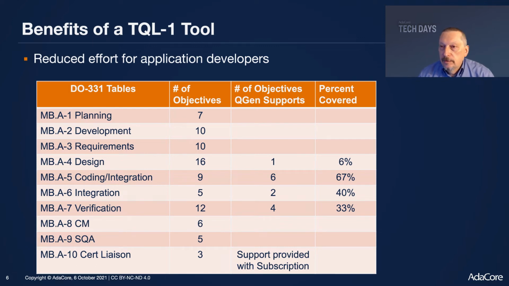So as you can see from this table, we provide coverage over design, code and integration, and verification objectives, greatly reducing your effort. As Tucker mentioned, this eliminates the need to go into reviewing the generated code. You can trust it and work at a higher level of abstraction.